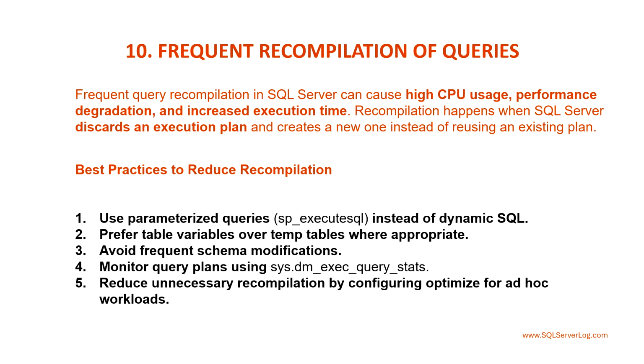Best practices to reduce recompilation: use parameterized queries instead of dynamic SQL. Prefer table variables over temporary tables where appropriate. Avoid frequent schema modifications. Monitor query plans using sys.dm_exec_query_stats. Reduce unnecessary recompilation by configuring optimize for ad hoc workloads.